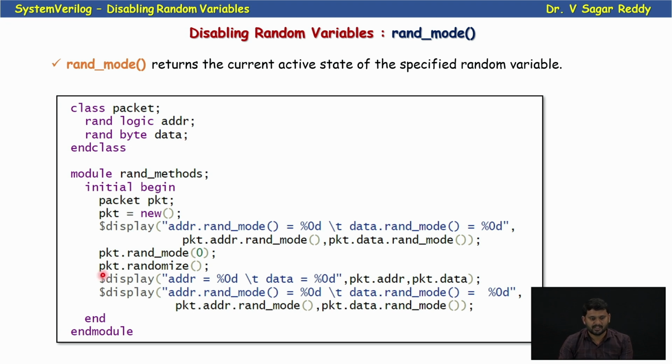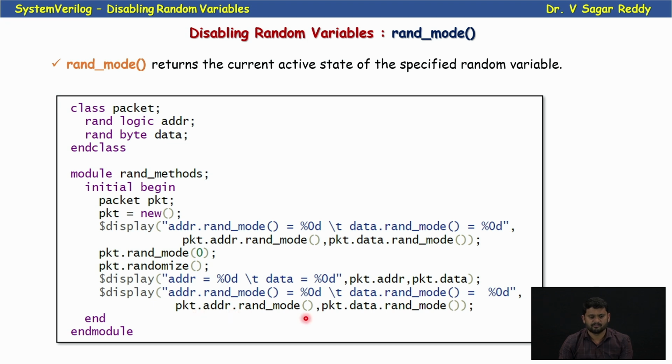Now even if I randomize this object with pkt.randomize, the randomization method won't give random values to these random variables. The solver treats them as normal state variables. If I print address and data after randomization, it returns only the default values, for logic x and for byte 0.